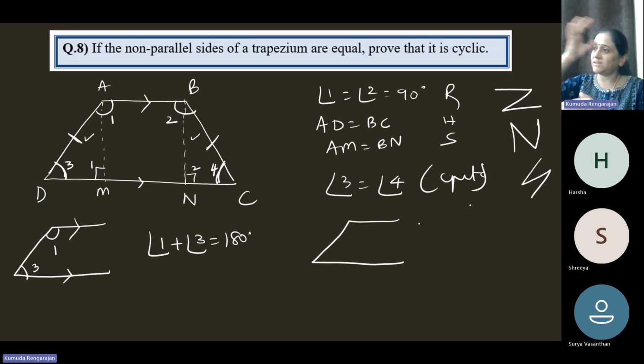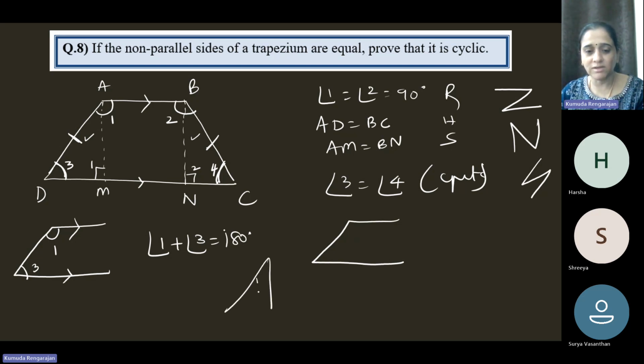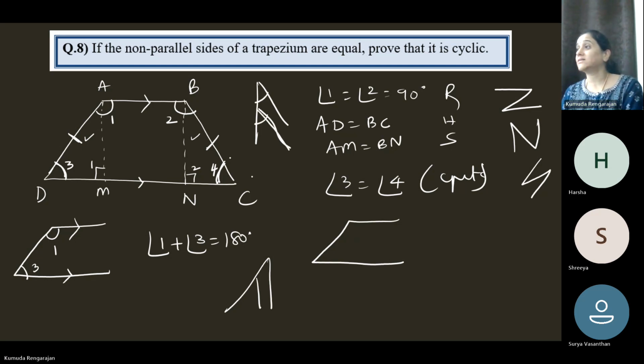So Z or Z rotated, you find the pair of alternate angles there. And F may look like this also, sometimes an angry F, like it's looking down like this also. So that F here and here are corresponding angles.